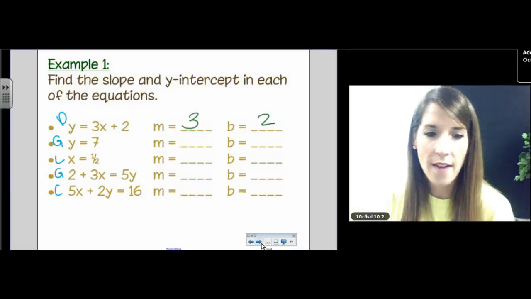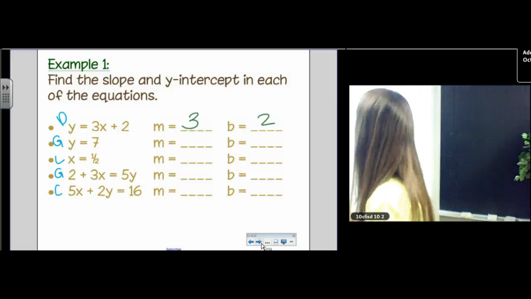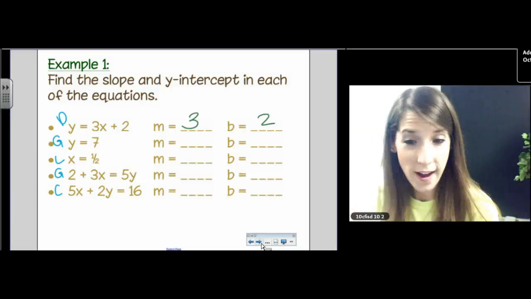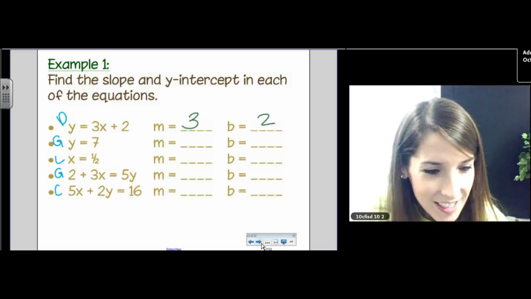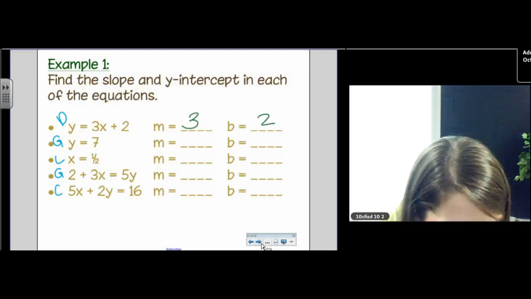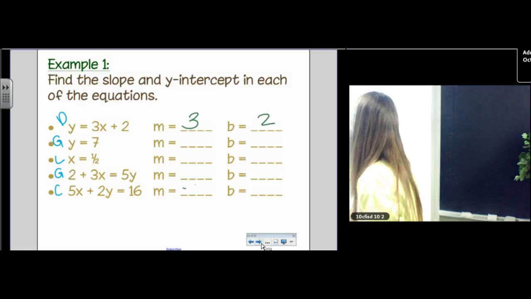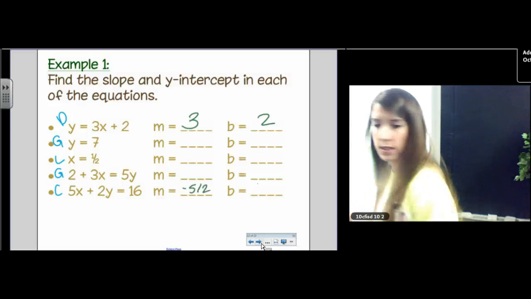Lars says 1/2 and 0. No. Try again. Let's see, Chloe, negative 5/2 and 8. Chloe's putting negative 5/2 and 8.